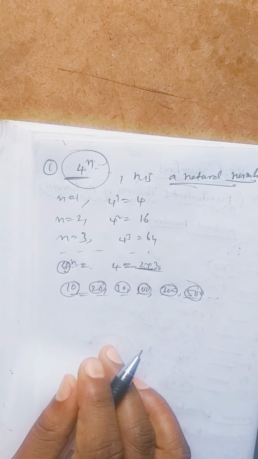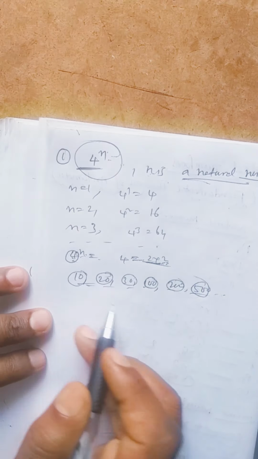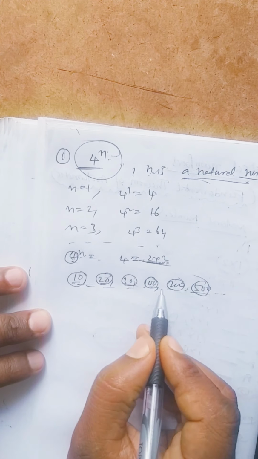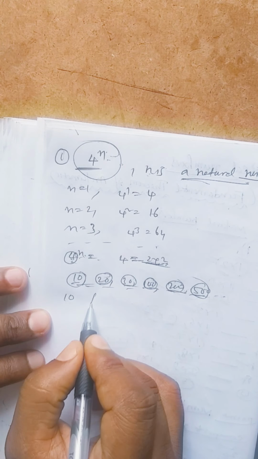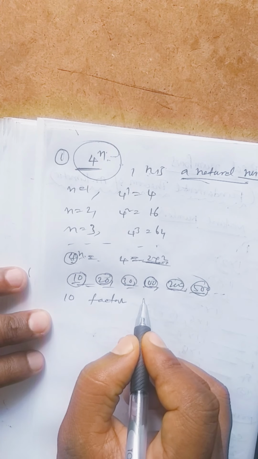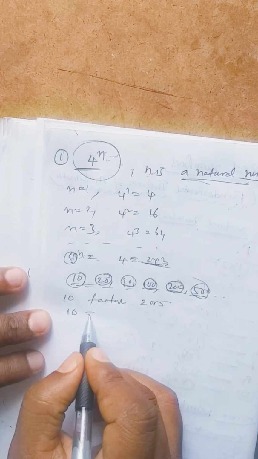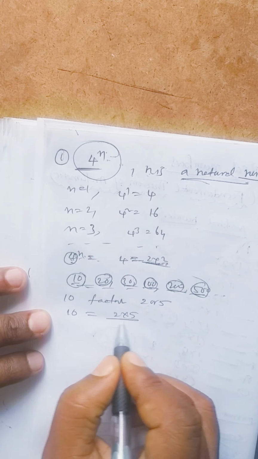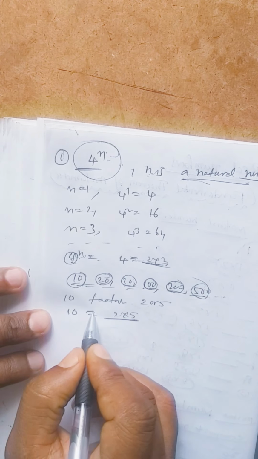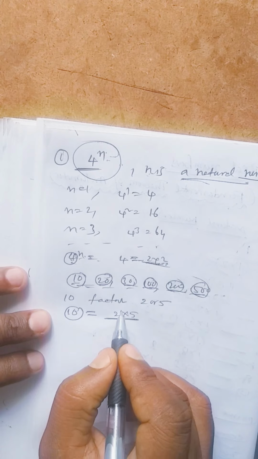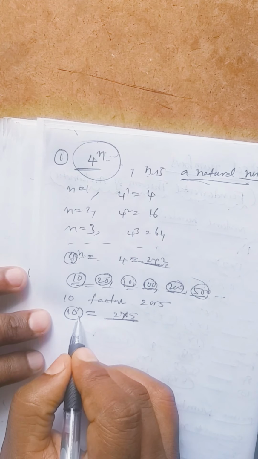So every such number contains 10 as a factor. What are the factors of 10? 2 and 5. So to get 10, we have to get the factors 2 and 5. That means a number that ends with 0 has factors 2 and 5; only then does the number end with 0.